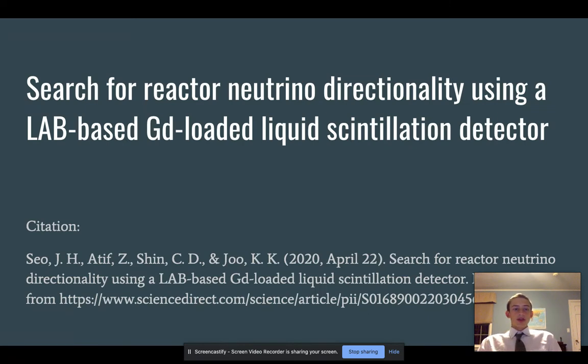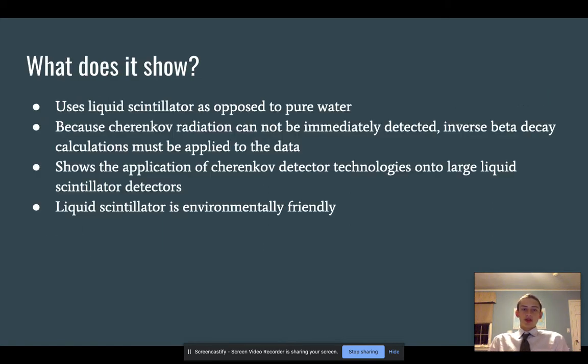The next article is search for reactor neutrino directionality using a lab-based Gd-loaded liquid scintillator detector. This basically shows that it uses liquid scintillator as opposed to pure water. It's kind of a similar type of thing, just a different detection liquid.